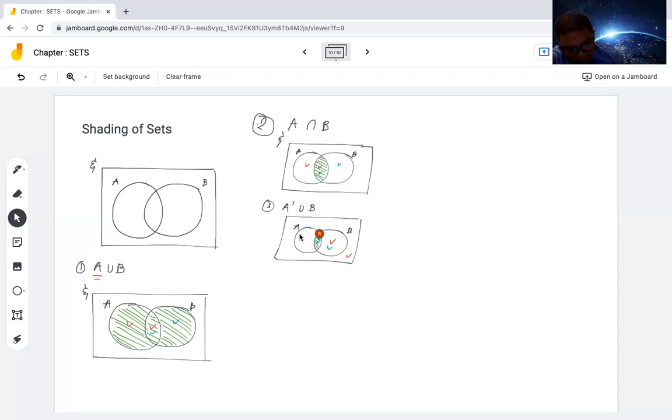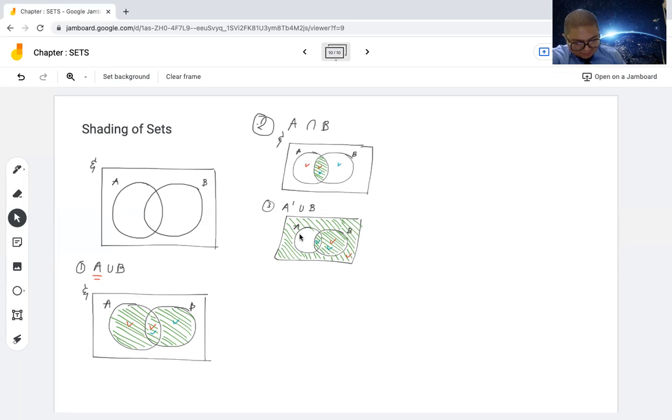So you are going to shade everything that has been mentioned in the given problem. Okay, and that is how you're going to find the answer. Were you able to get your answer correct?